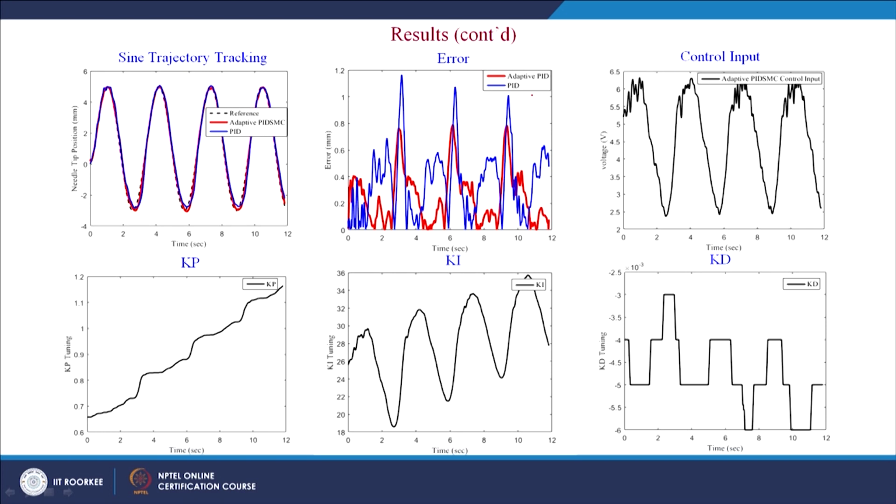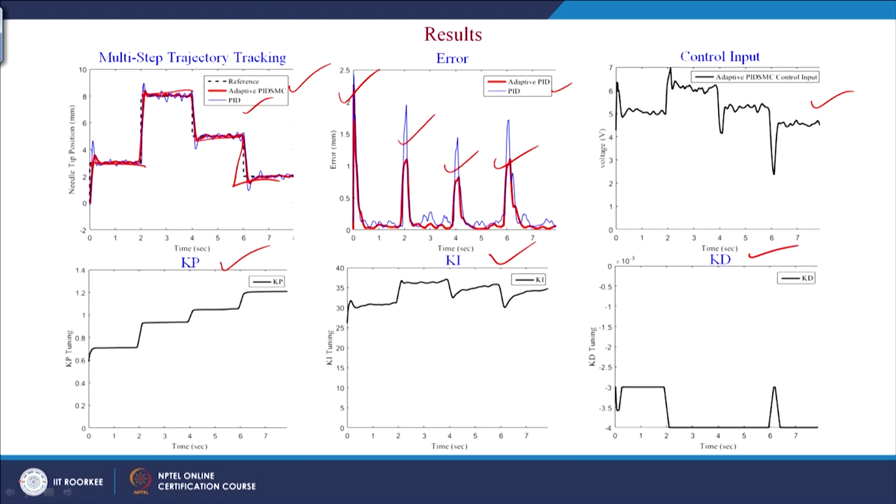The error for that is given in this figure 2, where the control input is shown in figure 3, and the corresponding Kp, Ki and Kd tuned values are shown in these figures, varying between 0.6 to 1.2 for Kp and 18 to 36 for Ki, and in the range of 10 to the power minus 3 for Kd. In both situations we have observed that Kd has a very small value.